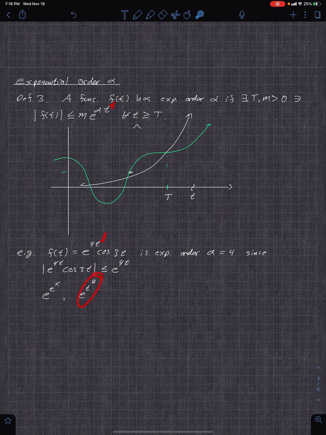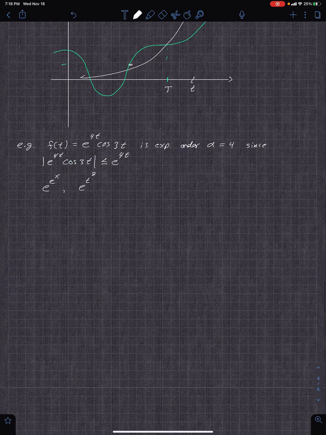So this one grows faster, this one grows faster. Factorials grow faster. So you have a factorial. That grows fast. So all of these are faster. And then, of course, polynomials grow much slower. And a linear, of course, doesn't grow much at all.